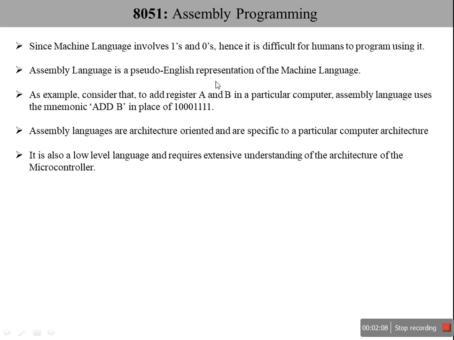For this operation, there is a set of ones and zeros in a typical computer, microprocessor, or microcontroller. Let it be 1 0 0 0 1 1 1 1 1. This set of ones and zeros means adding the content of A and B, and the result will be in the A register.